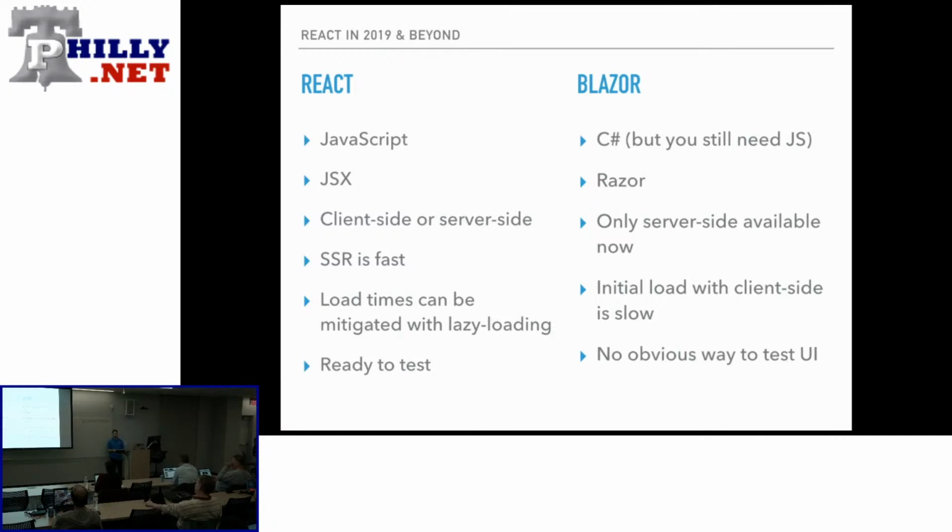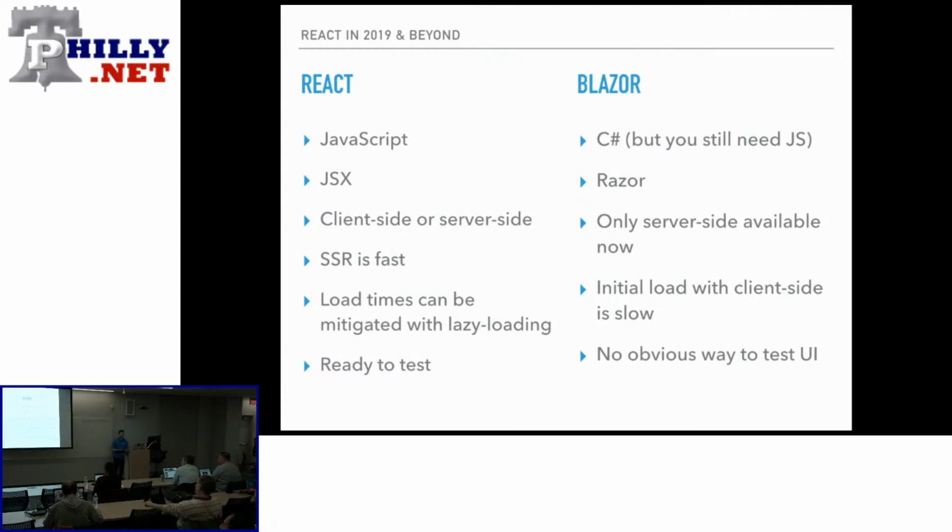And currently, Blazor is only available for server-side in terms of production readiness. It's in preview for the client-side version, which will work with WebAssembly. React is currently available for both, with server-side rendering being a pretty good optimization if you choose to go that route with your React applications.